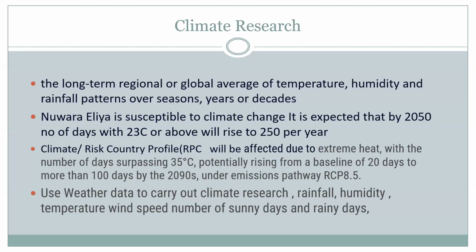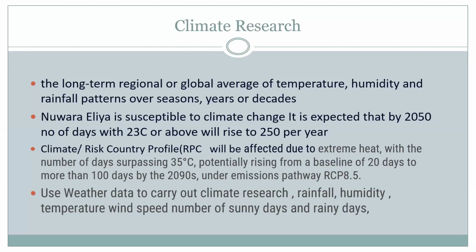Climate research. That is to collect data on the long-term regional range of temperature, humidity and rainfall patterns over seasons, years, or decades. Now say there is a warning. No area is immune to climate change.